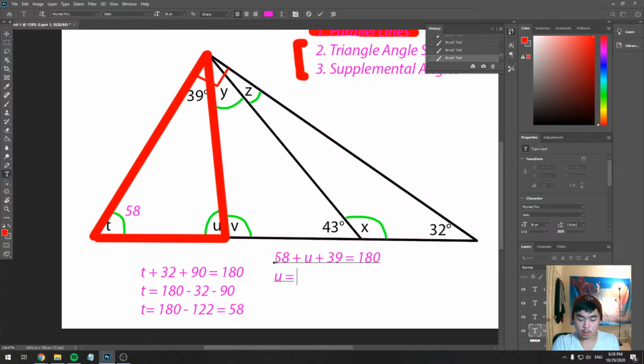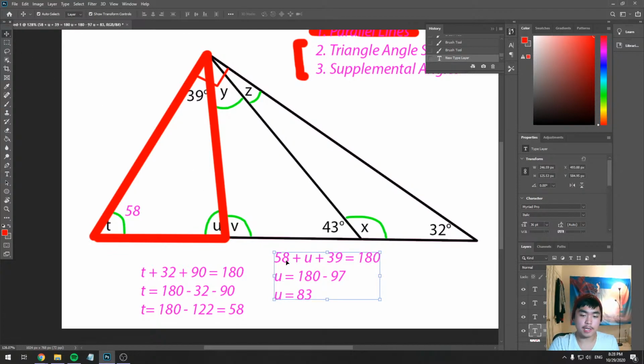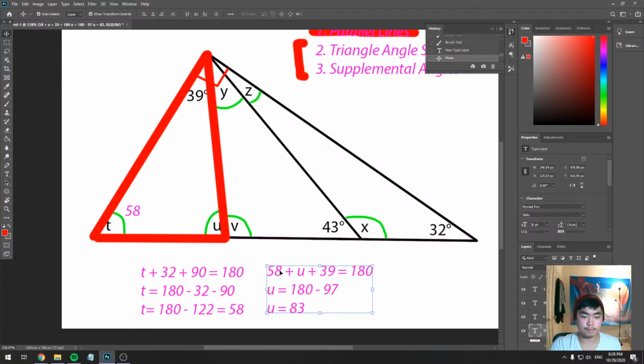U equals 180 minus, that's what, 97? So U would equal 83. Alright, so now I have U equals 83. So we have another angle complete here.